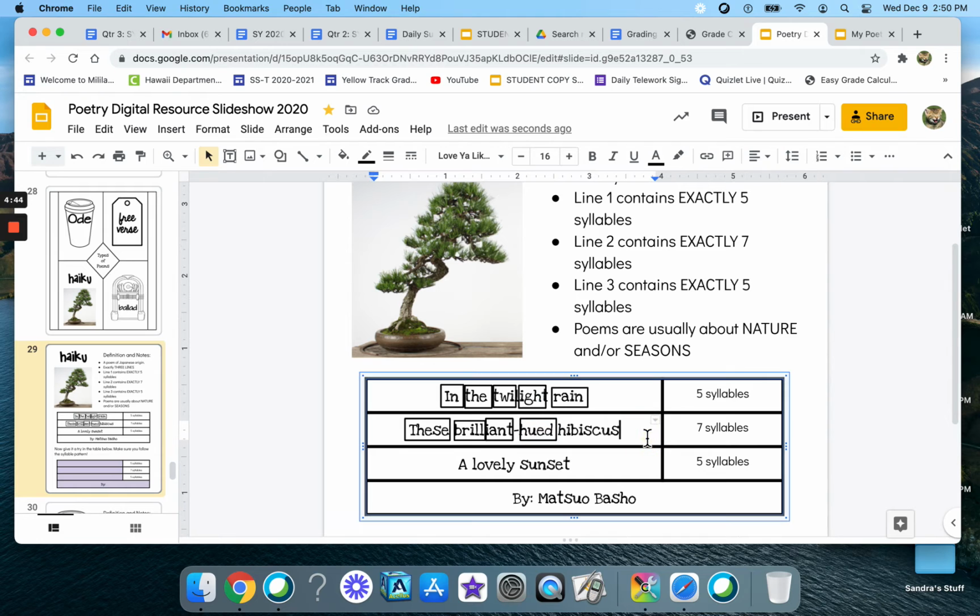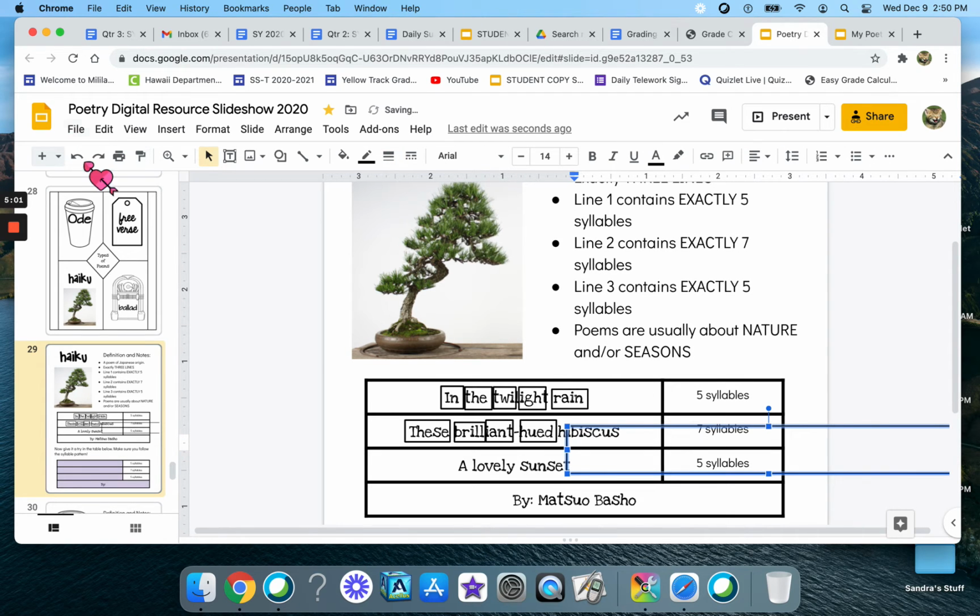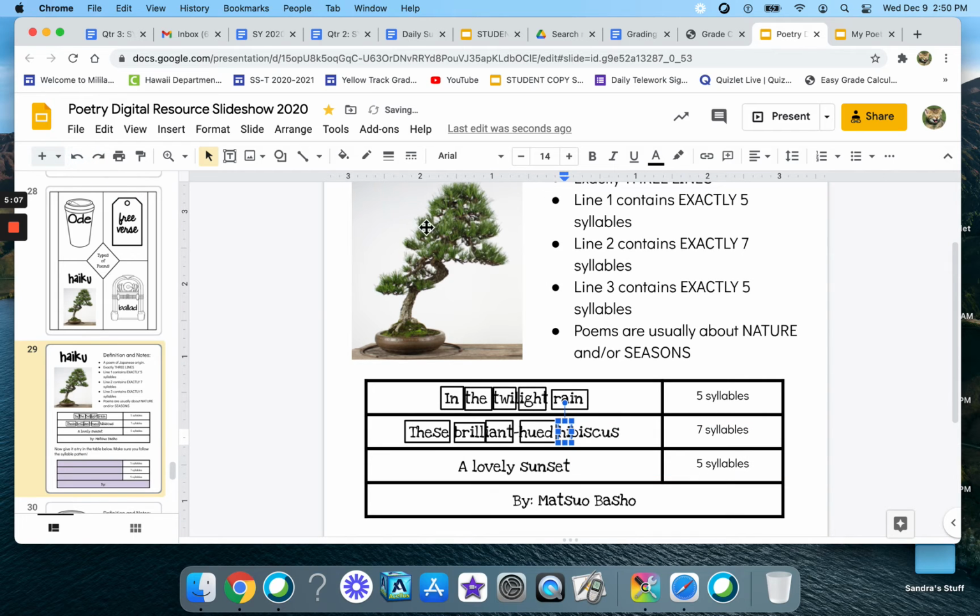Hibiscus is 3 syllables. So we have the hi, the bis. Oh, sorry. So I gotta put it. Okay, hi. Here we go. And I know it's kind of crowded. Bis is another syllable. I know it's squishy.